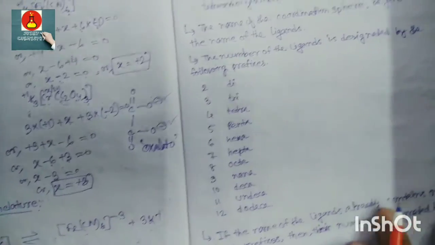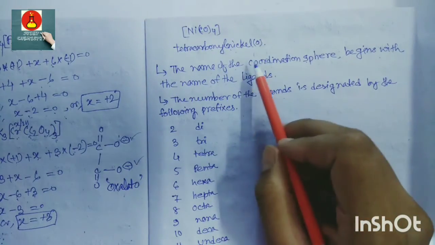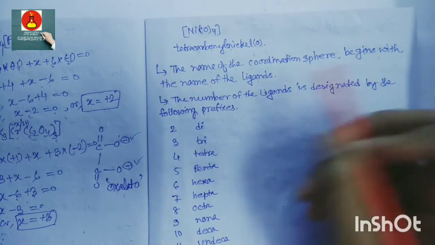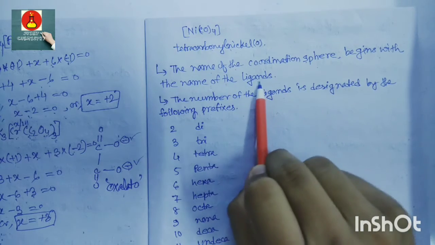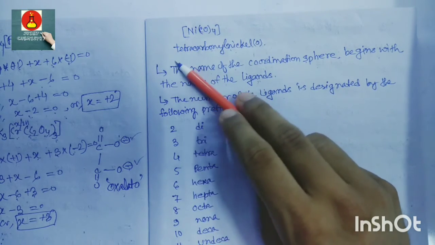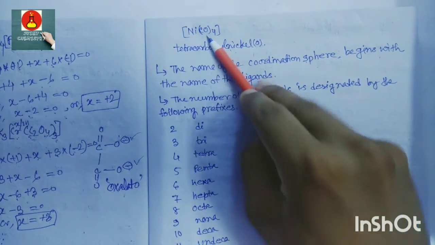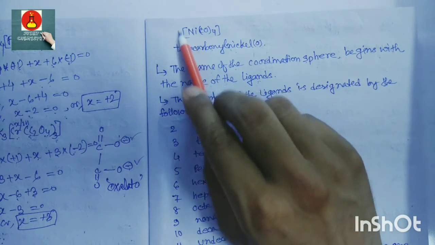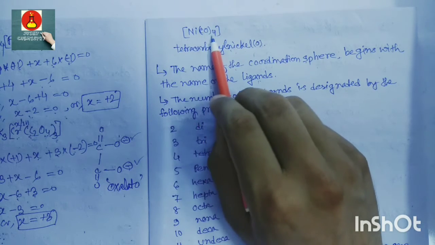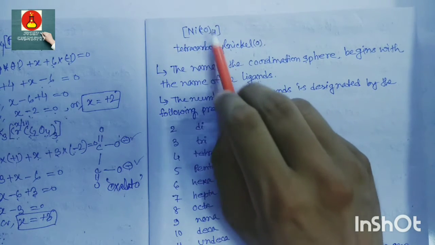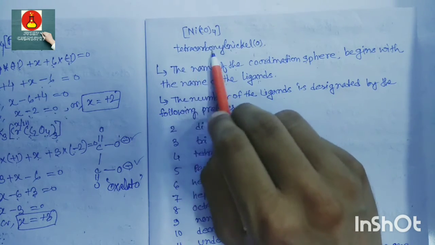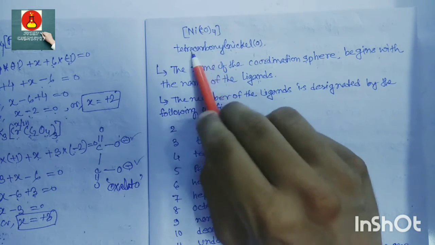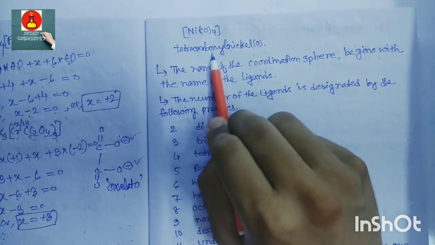So now the name of the coordination sphere begins with the name of the ligands. Okay, now in this case, nickel tetracarbonyl, right. So this is a coordination sphere, they start naming this coordination sphere with the name of this ligand, which is tetracarbonyl, right. So this is the rule.